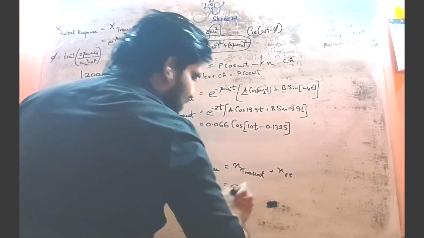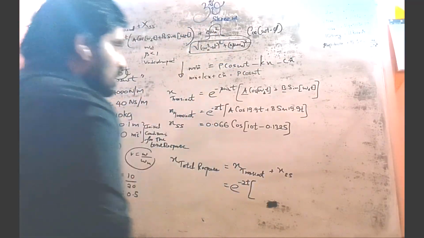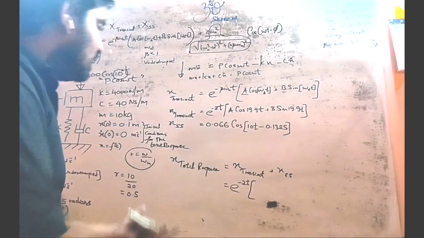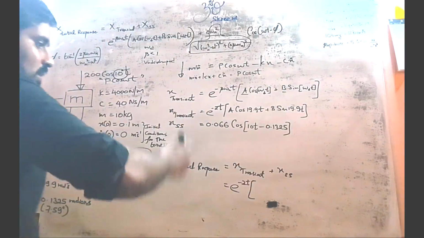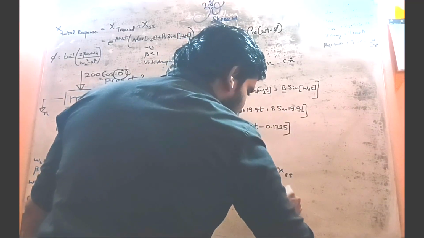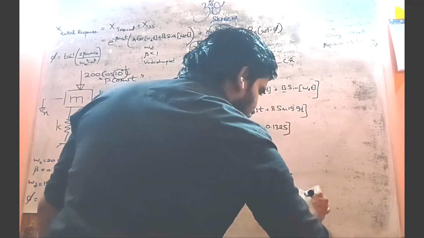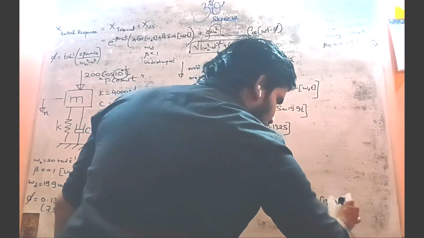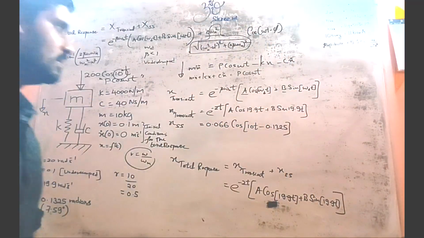Now we have simplified e to the power minus 2t, but we still have to determine what a and b are. But before determining that, we have to obtain the total response: e to the minus 2t times a cosine of 19.9t plus b sine of 19.9t.